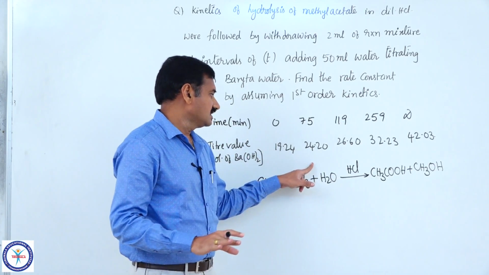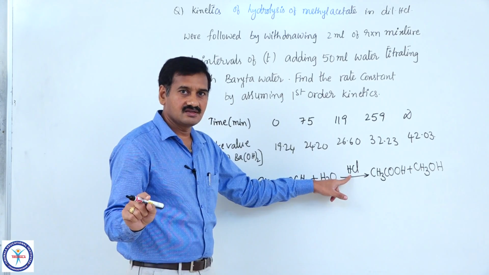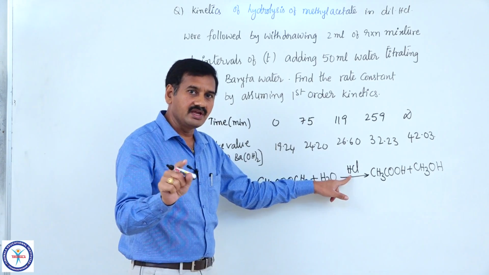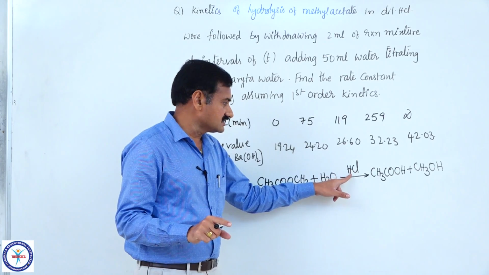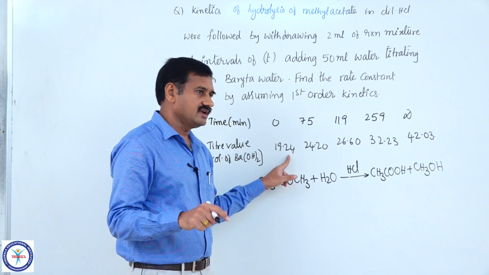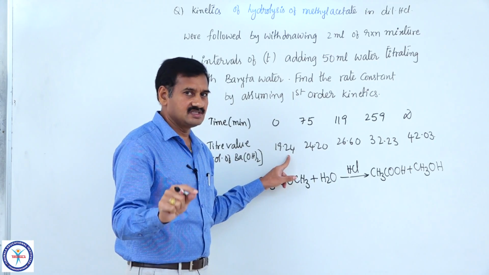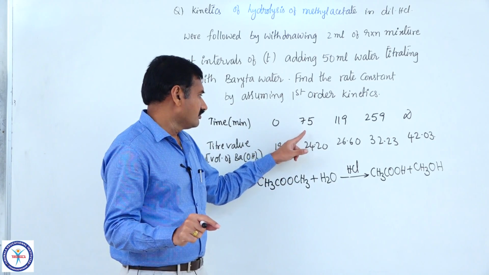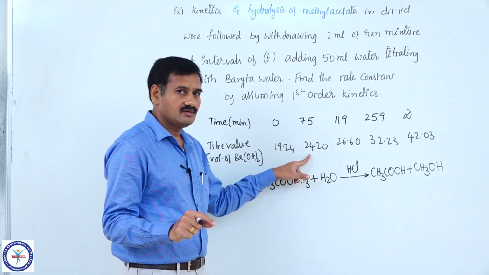The reason is HCl is a catalyst which is not at all consumed in the reaction. Catalyst alters the rate of reaction without being consumed in the reaction. So, as HCl concentration remains constant, volume of barium hydroxide required is always 19.24 ml for neutralization of HCl. At time t equal to 75, barium hydroxide volume is 24.2 ml.